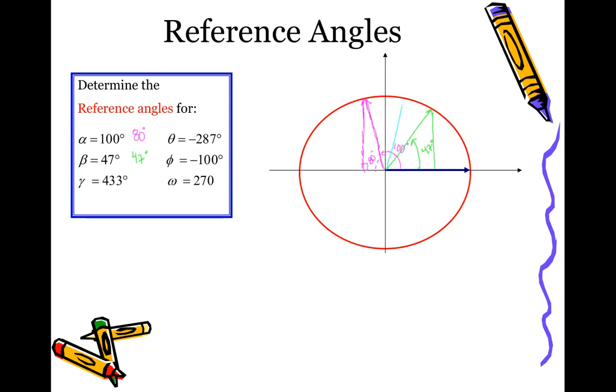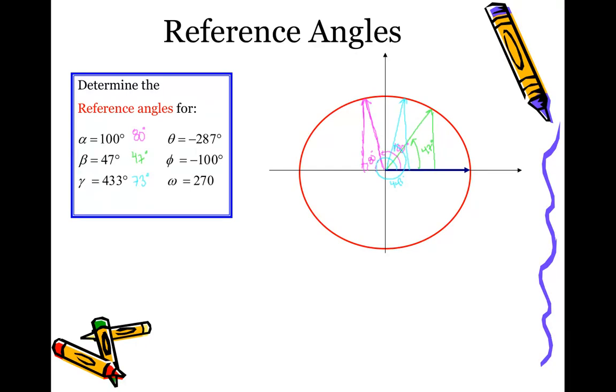So it terminates like here. Let's say I was going to sketch that. I'm going to start here and go all the way around and then to here, right? With that leftover part, this is 443, but I went 360 and then an additional 73. So if I drop that perpendicular, what is my reference angle? It's just 73 degrees.